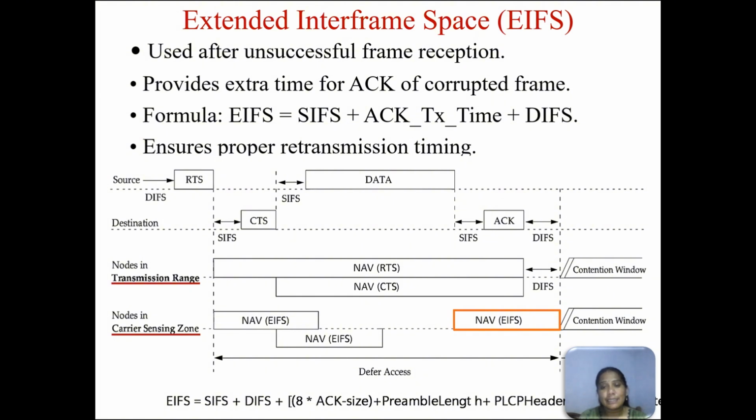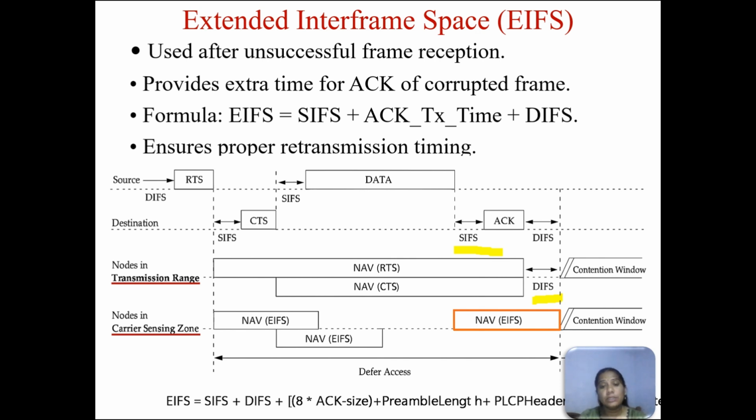Once the data is successfully received by the destination, after waiting for the SIFS period, the acknowledgement will be sent to the source and it will be received. And once this one cycle is completed, all the stations will wait for the DIFS period. Suppose the received data is corrupted, instead of waiting for the DIFS period, all the remaining stations will wait for an extended interframe spacing.